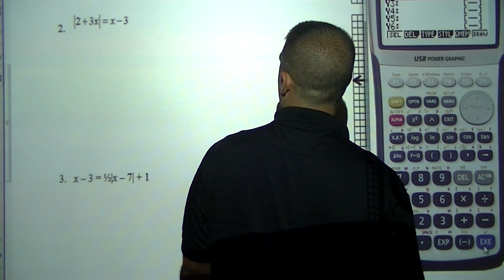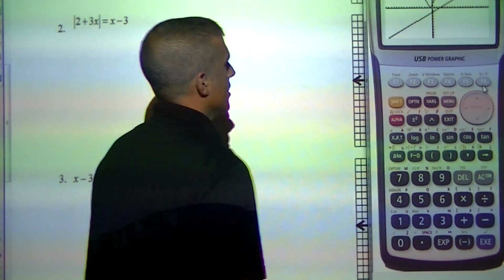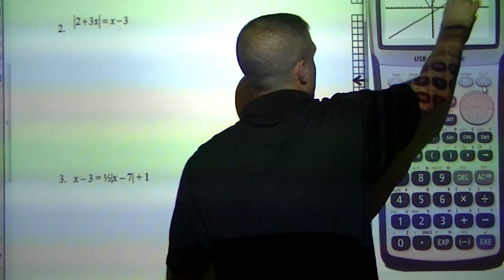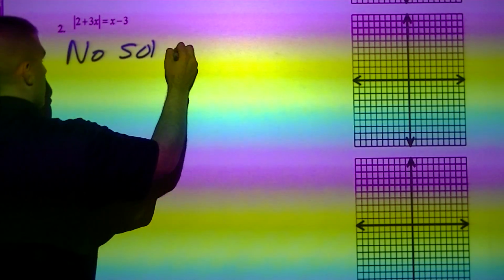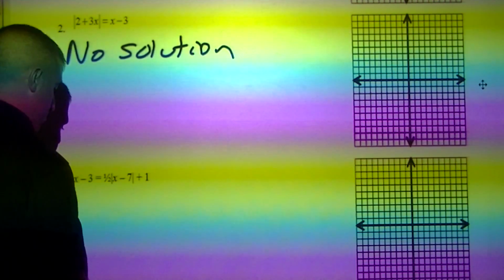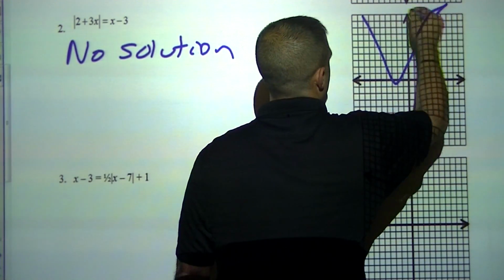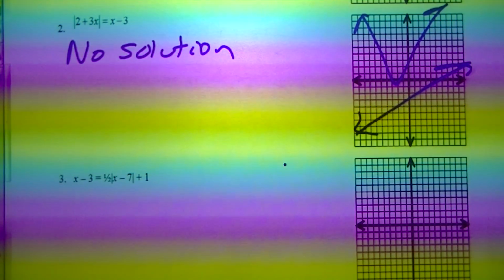The next line is x minus 3, and I'm going to draw. As you can see, there's no solution because I have no intersection. It would need to pass through there to have an answer. So for here, this is no solution. Plainly speaking, I've got something that looks like this, a rough sketch, but it does not intersect, so no solution.